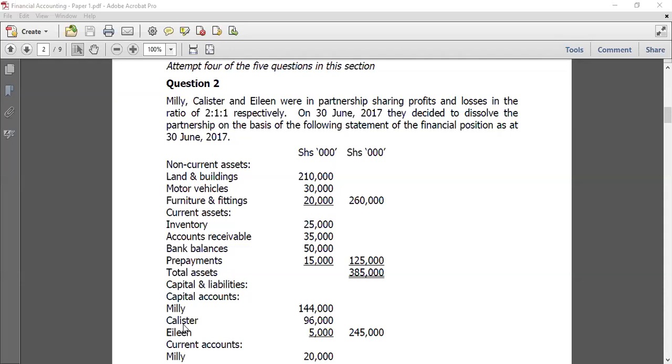The closure of partnerships can also be called dissolution. It is dissolution of partnerships.